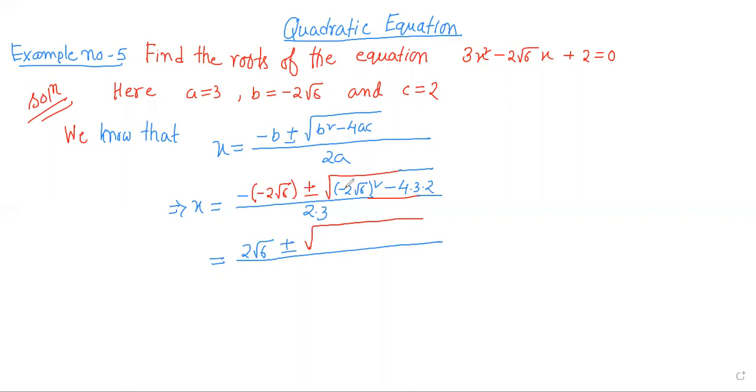So minus 2 whole square, minus square is plus, and 2 square is 4, and square of root over 6 will be 6. So it will be 4 into 6 minus 4 into 3, 12, 12 into 2 it will be 24. 3 into 2 will be 6. Okay.